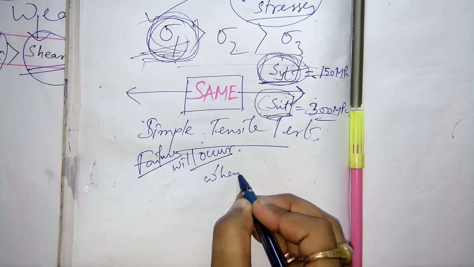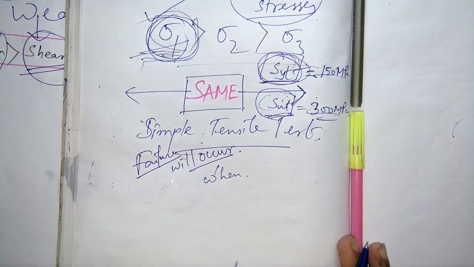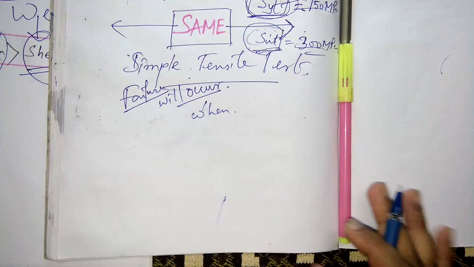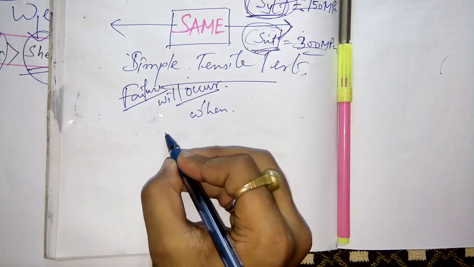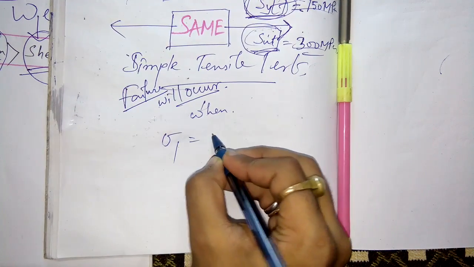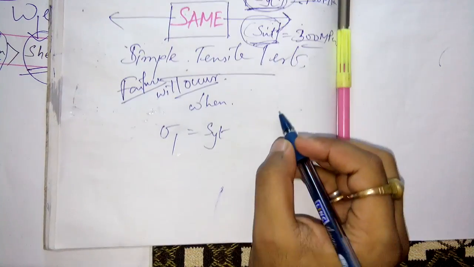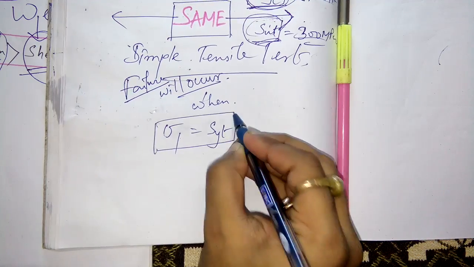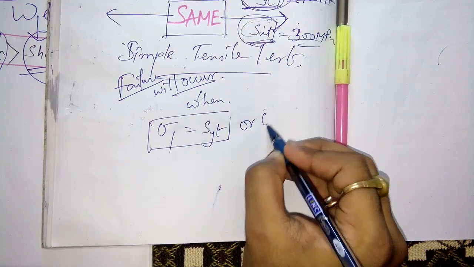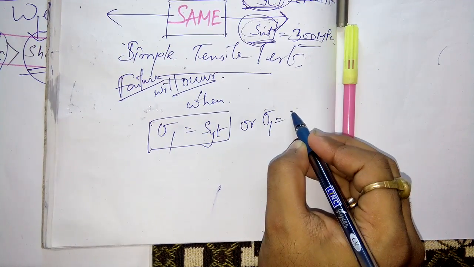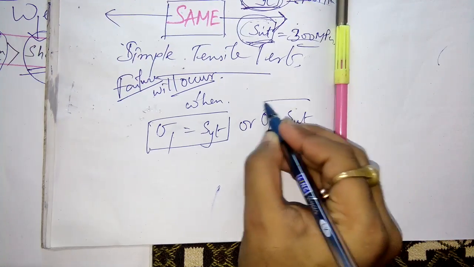Failure is going to occur when sigma 1 equals SYT or sigma 1 equals SUT.